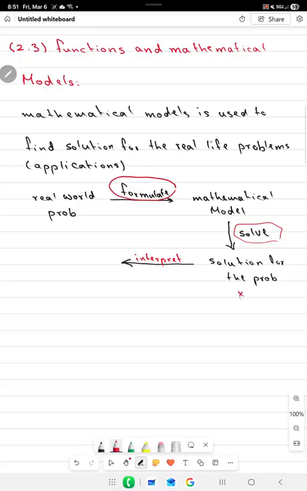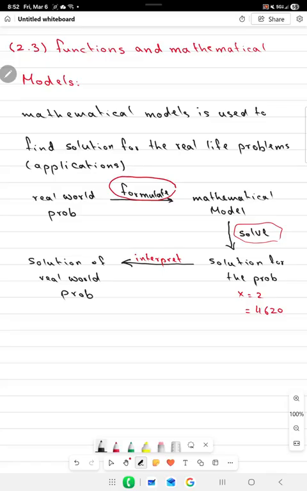For example, x equals 2, right? Or maybe you get 4,620. What does 4,620 mean? You have to translate that back to a real solution of the real world problem.